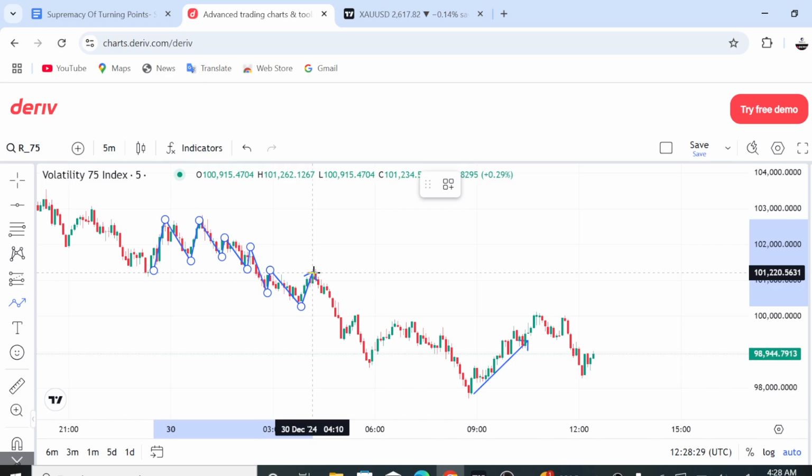That's why I say this topic is supremacy of turning points or swing highs and lows in forex synthetic market, meaning that at any time frame, if you fail to understand the swinging or the turning point characteristics or sequence in that time frame, no matter what you know in any other time frame, you are going to lose money.